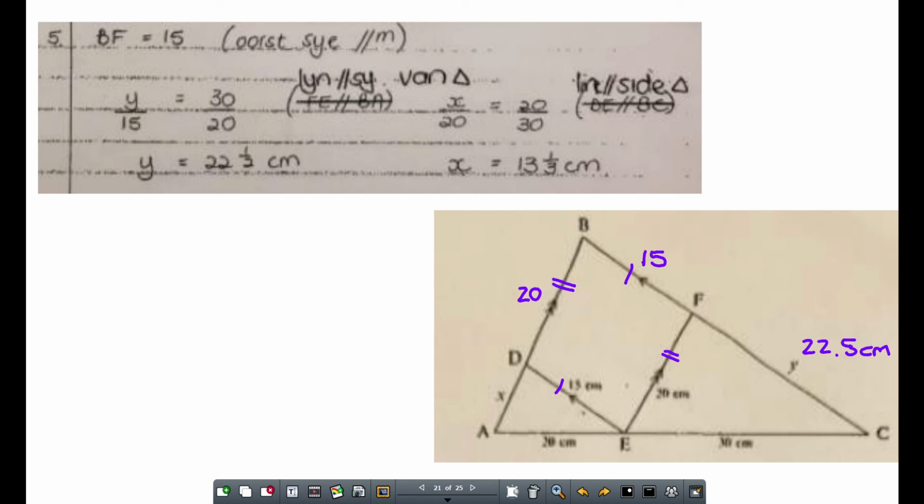Kyk gou. X op 20 is gelyk aan 20 op 30. Sien julle dit? So this side is the one at the bottom. Dan gaan ek sê 20x is gelyk aan 30x gelyk aan 400 gedeel deur daai 30. So x will be 13 1/3 centimeters.